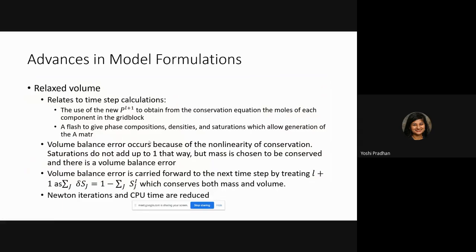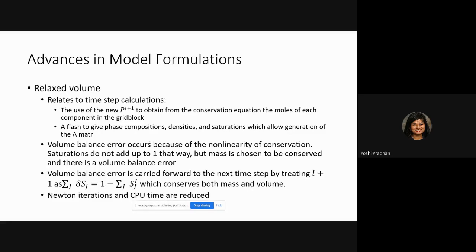So there's been some advances in model formulations, where relaxed volume relates to time step calculations. The use of the P, L+1 to obtain from the conservation equation the moles of each component in the grid block. There's a flash to give phase compositions, densities, and saturations, which allow the generation of the A matrix. The volume balance error occurs because of the nonlinearity of conservation.